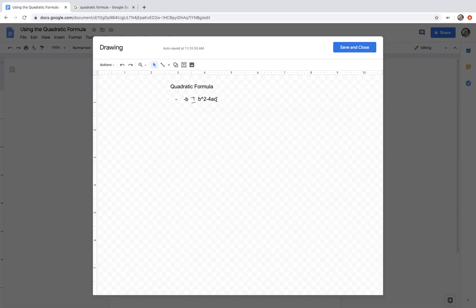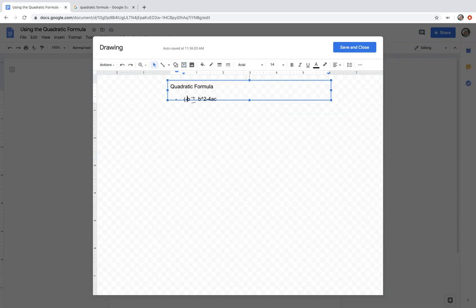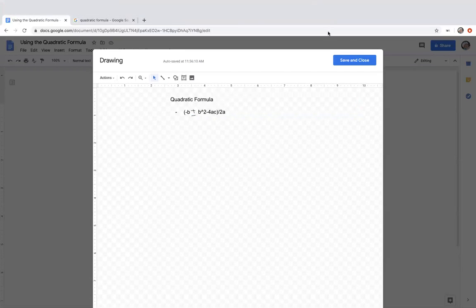All of that, the entire thing, divided by 2a. Let me just confirm that that is correct because it's quite long.